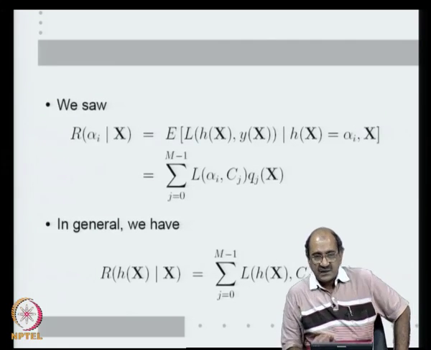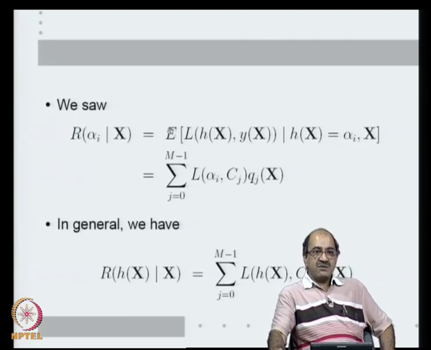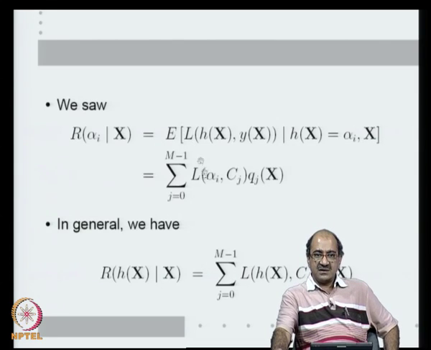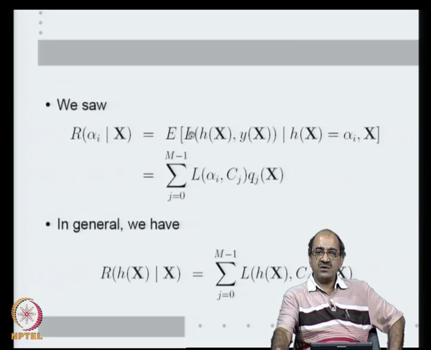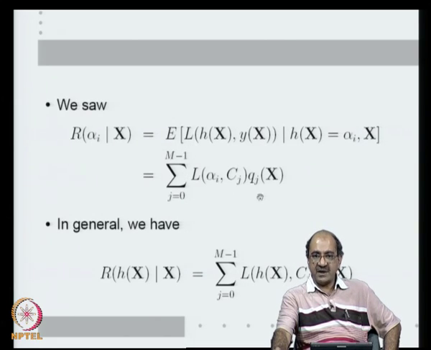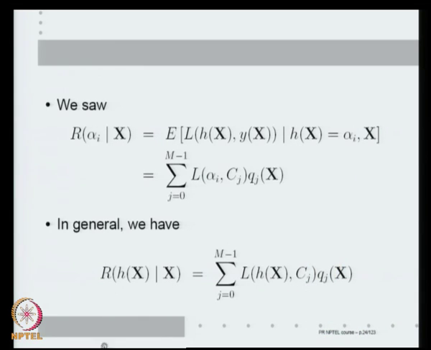What will be the true risk? We have seen that R(alpha_i given x) is the expected value of L(h(x), y(x)) conditioned on h(x) equal to alpha_i and x, for which we have derived this expression: L(alpha_i, c_j) q_j(x) summed over j equal to 0 to m minus 1. So, in general we can also write this equation as R(h(x) given x), the same summation where alpha is replaced with h(x).